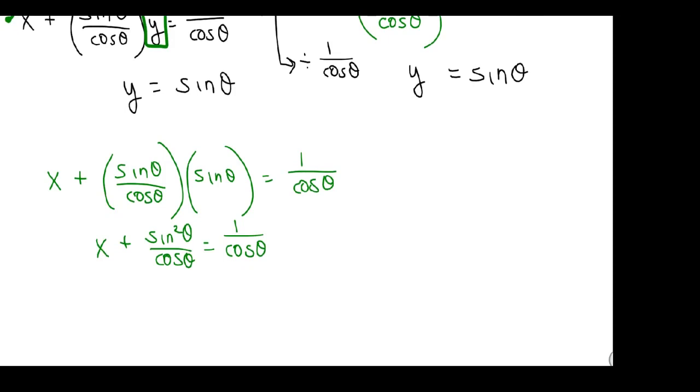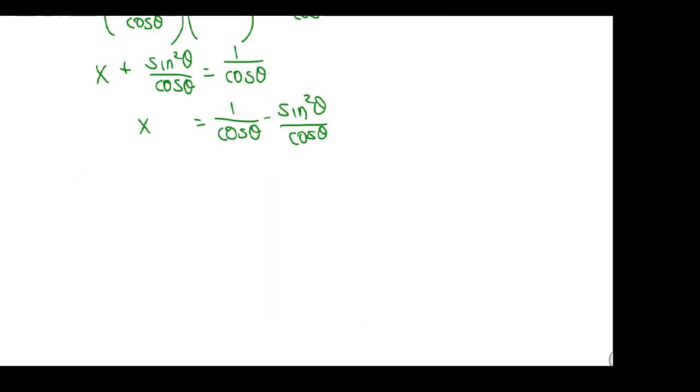To get x by itself, I want to subtract sine squared of theta over cosine of theta from each side. Since I have a common denominator, I can go ahead and subtract the numerators.